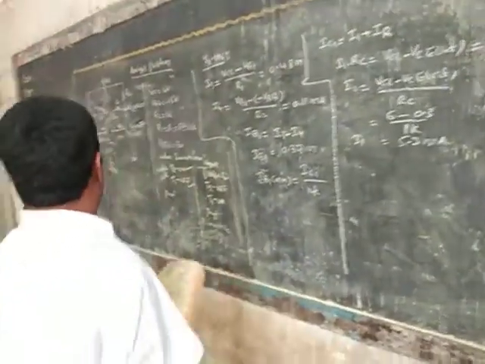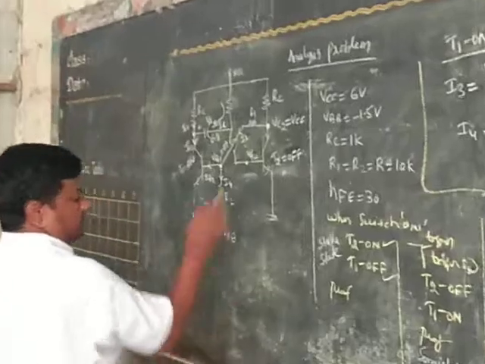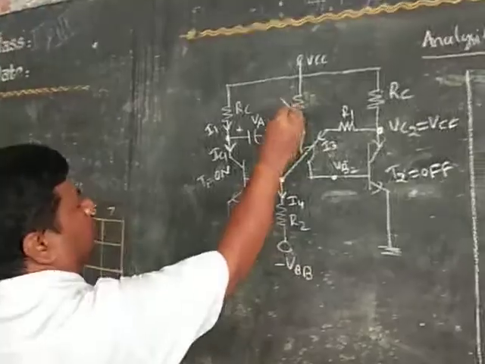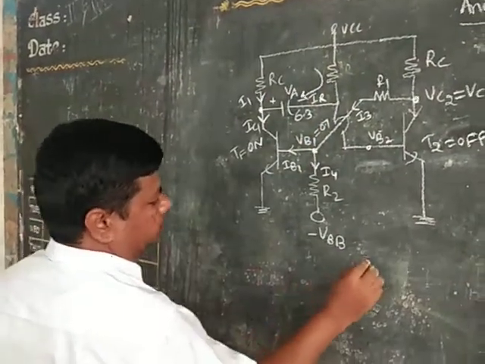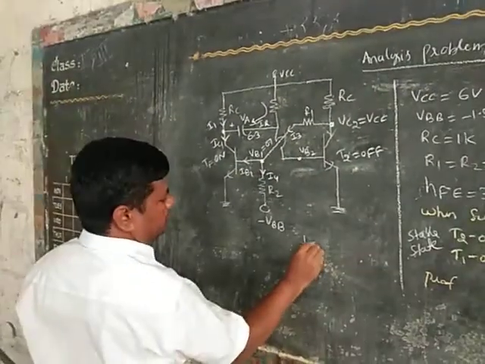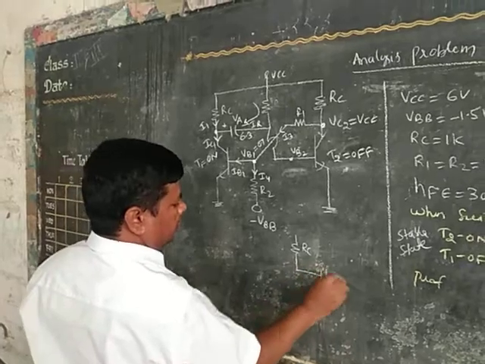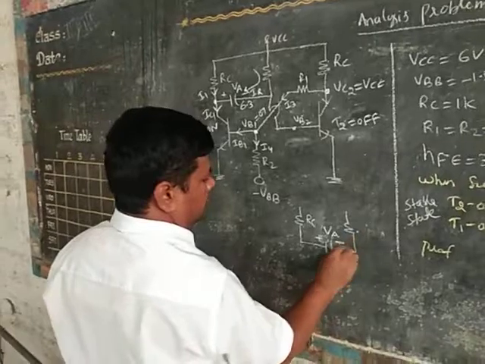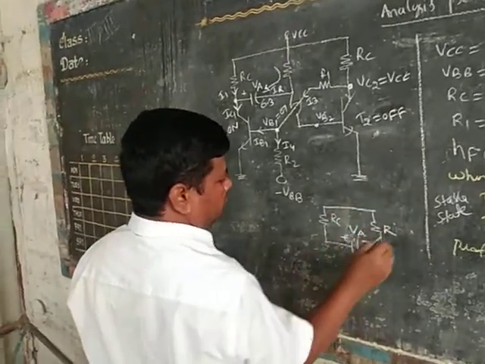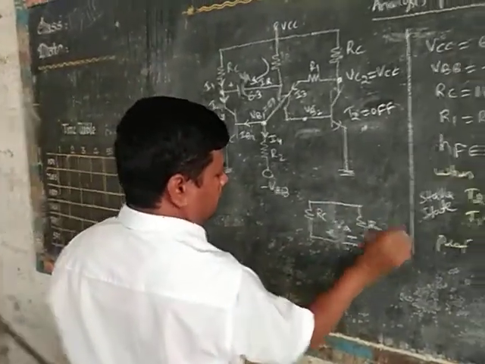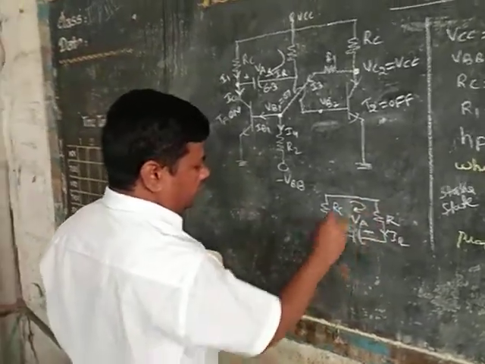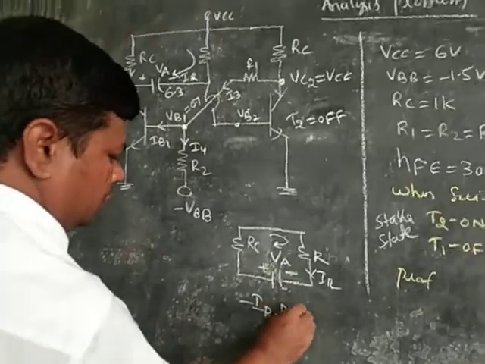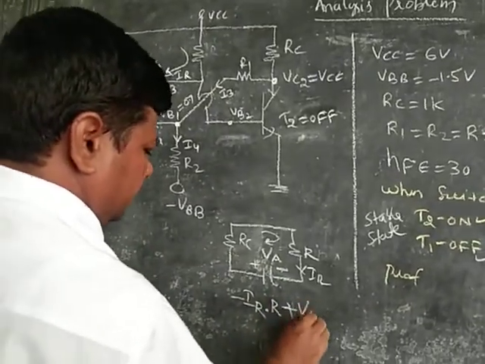Then by using this relation, consider only these three elements. Here there is an RC, here voltage across capacitor VA, then this is the loop, then current is IR current. Then apply KVL to this loop: minus IR into R plus VA.